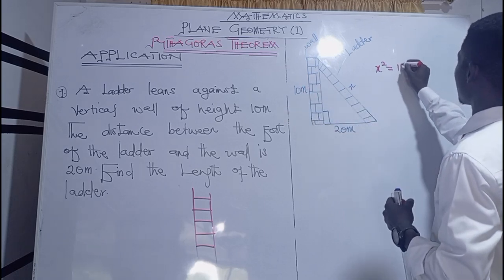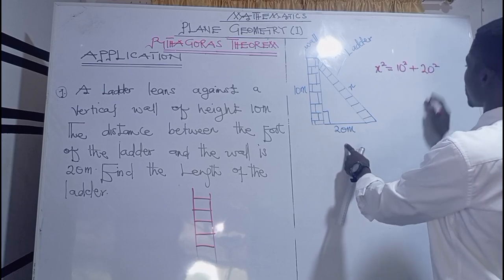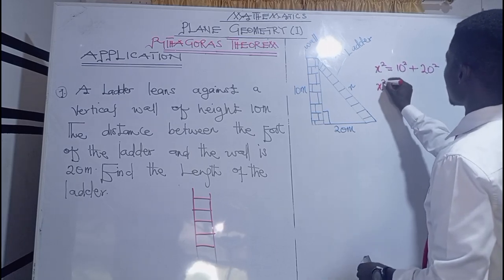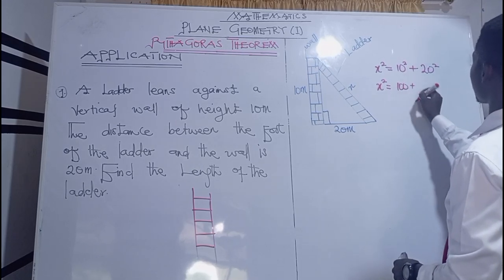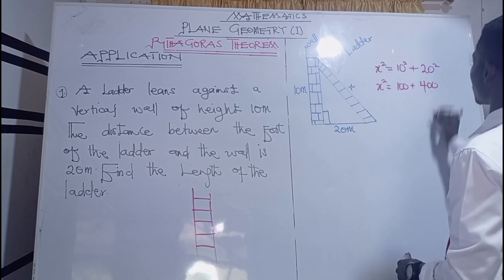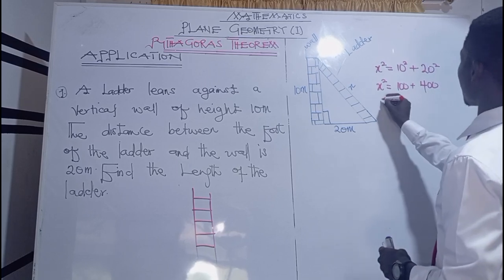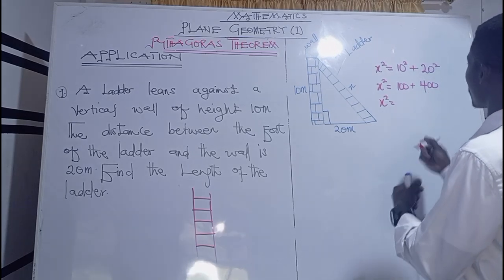So we have 10 squared plus 20 squared. So we are going to get x squared is equal to 10 squared is what? 100. And then 20 squared is 400. Now we have x squared is equal to 100 plus 400, we have 500.